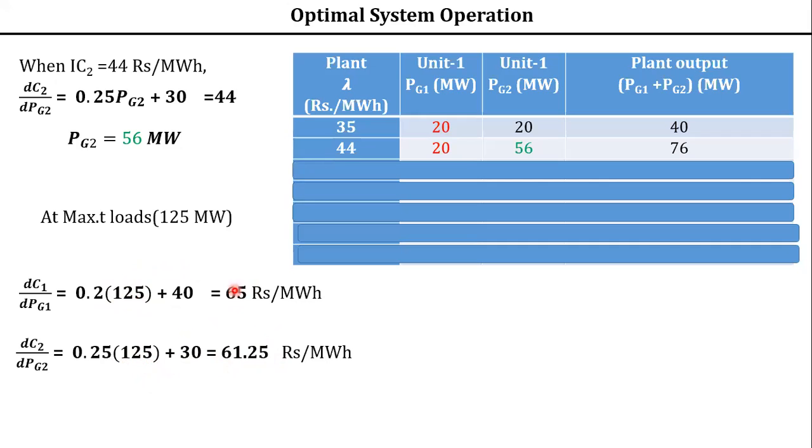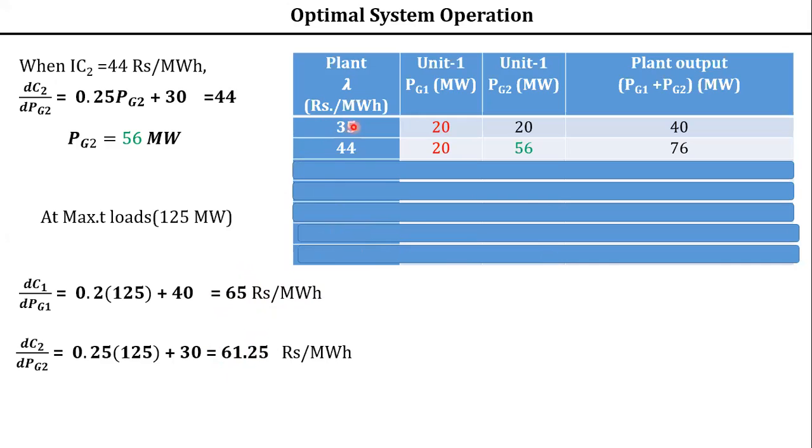So here I am going to represent 61.25 and here I am going to represent 65. What are the loads? I should mention it here. That is my question. At maximum load we got two values. So 61.25 I will write here, and 65 I will write here.